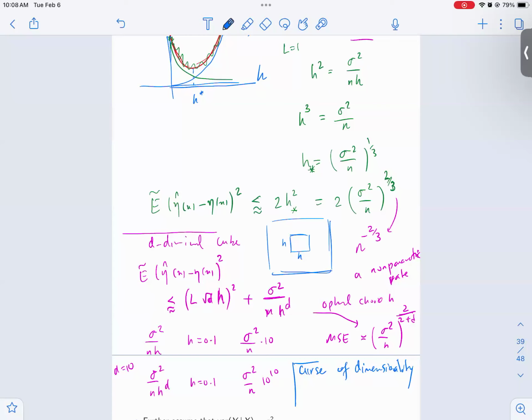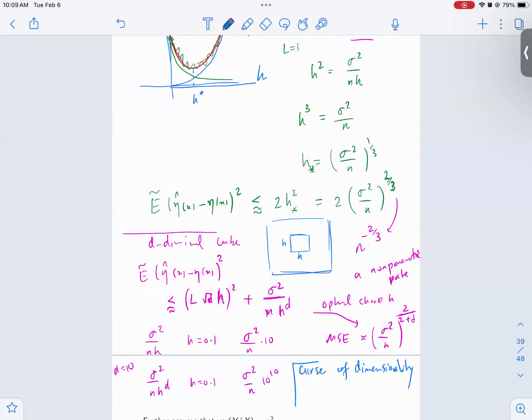But if I enforce more structure, let's say I assume that my functions are from a parametric class, and that parametric class is simple, for example linear functions that you might have seen before, then I can get around this. So instead of having a rate, which in the case of Lipschitz would equal 2 over 2 plus d, and it gets very slow as d grows, I might pay a much more benign price in dimension, if I know that my actual function is linear.